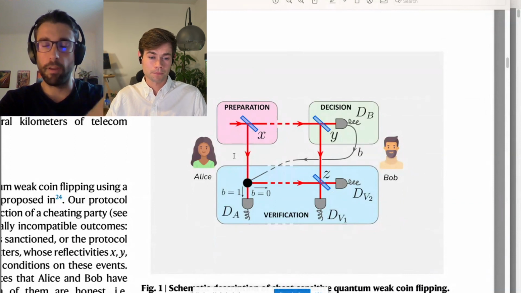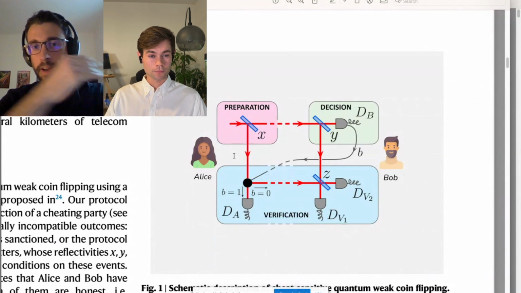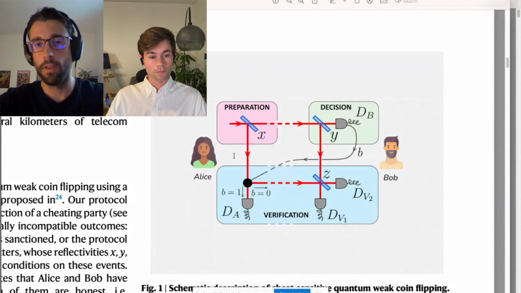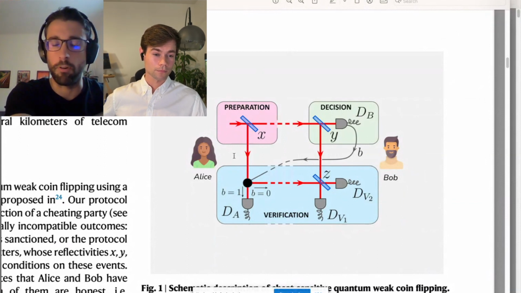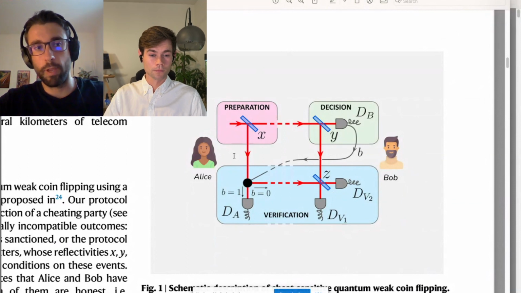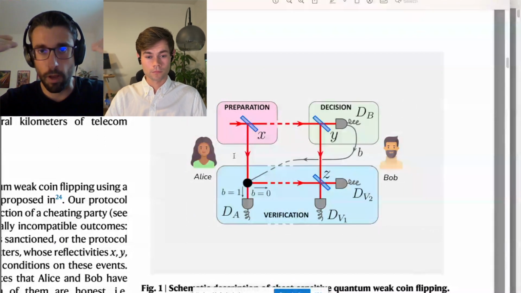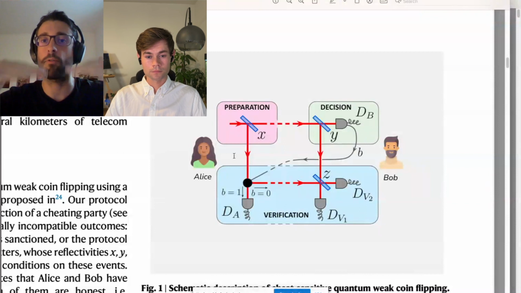As you see here, Alice's strategy will have to be quantum somehow. She will have to send some other quantum state than this single photon to somehow bias Bob into declaring her the winner. And as we mentioned in the paper, what we have in our security proof is a mathematical upper bound on the cheating probability of Alice, which says that her optimal attack will never be higher than this.